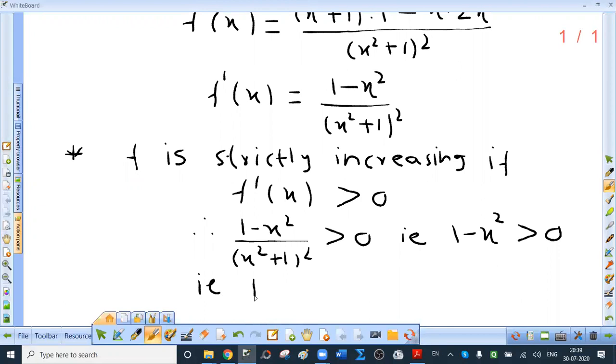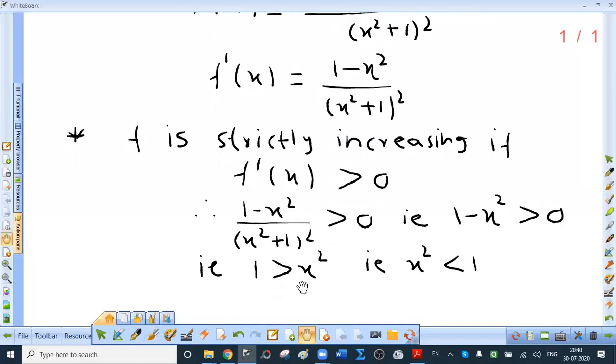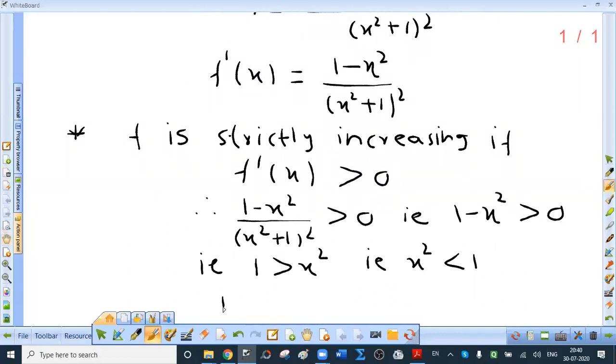That is 1 greater than x square, that is x square is less than 1. If I call this the mouth and this the tail, the tail is towards 1. So if you write x square first, again the tail has to be towards 1 only. So x square less than 1. Now how to solve this inequation? That is minus 1 less than x less than 1.